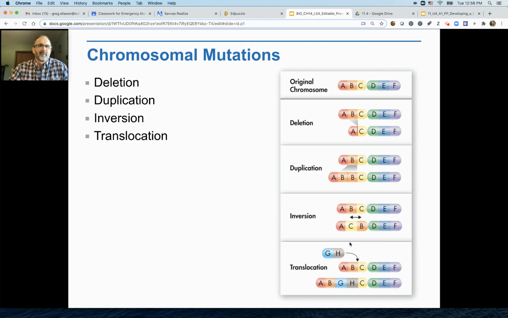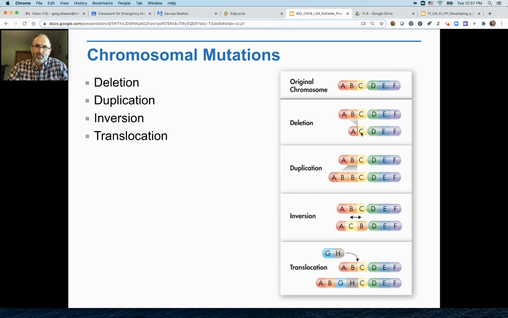So we can have a deletion where we have an original chromosome, A, B, C, D, E, F. And we're looking at pairs of chromosomes again. So here we have a pair of chromosomes and the B is gone, C, D, E, F. So this is missing a gene for something. That's what they're denoting, where somehow a gene got deleted.